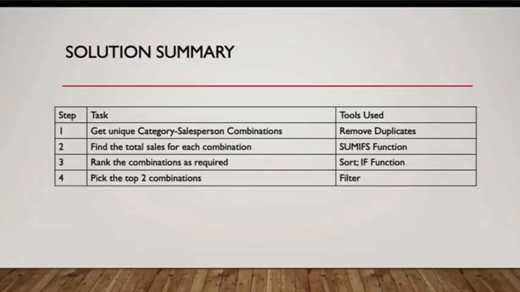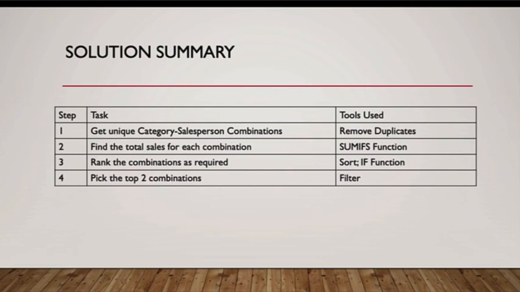Here is a brief summary of the solution that we executed. There are 4 steps which we did. The first one was to get the unique category salesperson combinations, and we used the remove duplicates function of Excel to do that. Then we calculated the total sales for each combination using the Sumifs function.